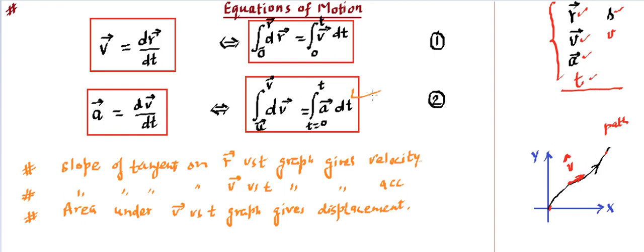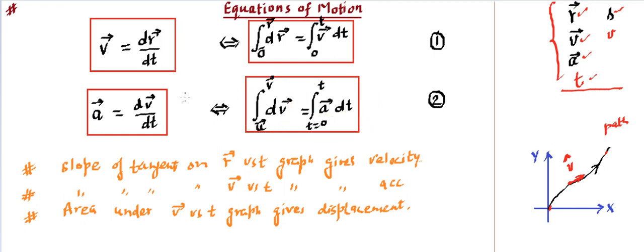Now if you look at this expression, if we plot a graph between acceleration and time, then measure the area, that area will become change in velocity, because on the left hand side after integration will come v minus u, that's a change in velocity.